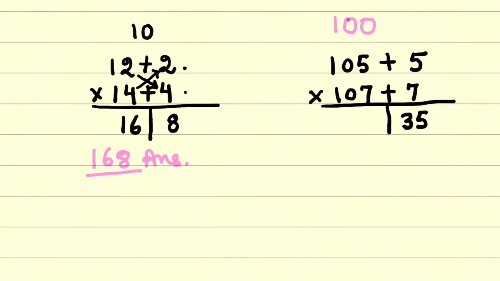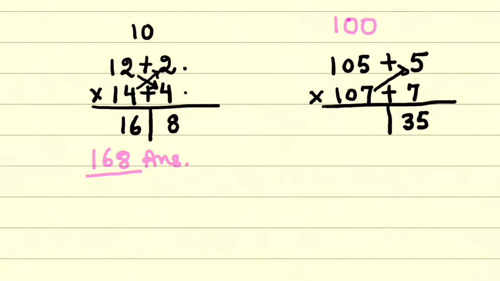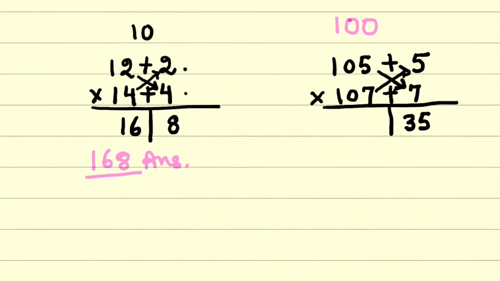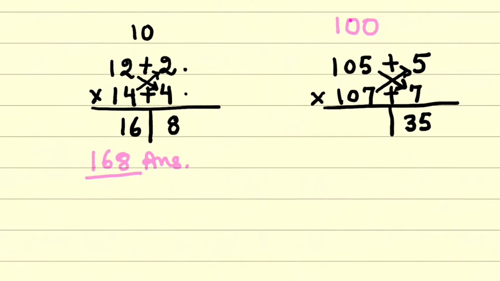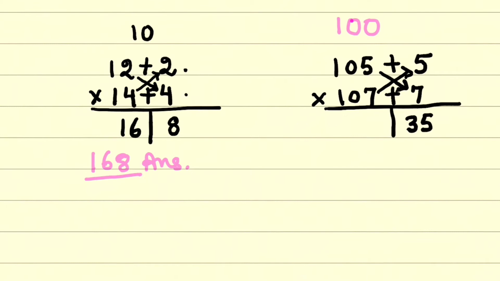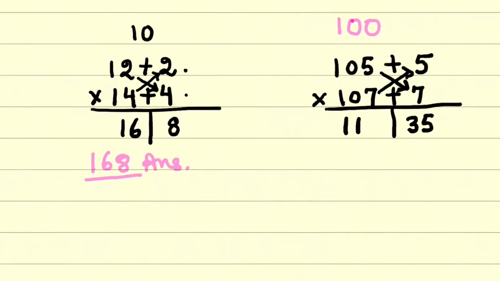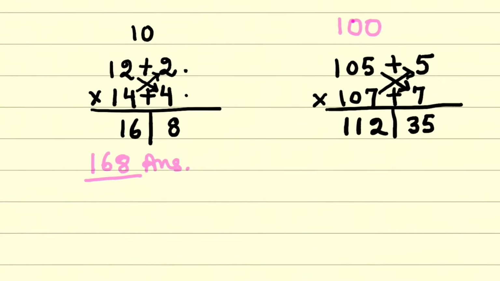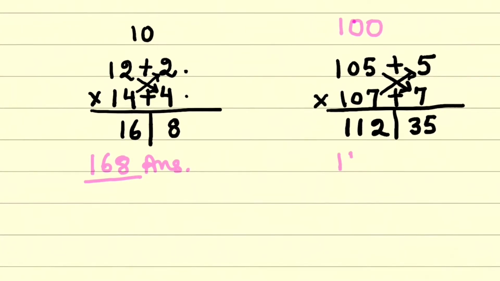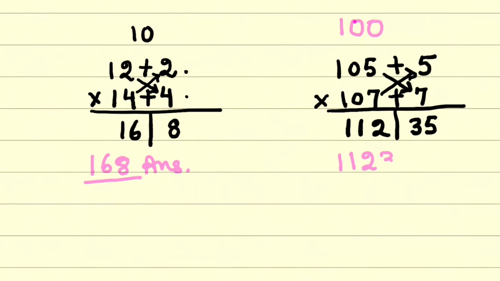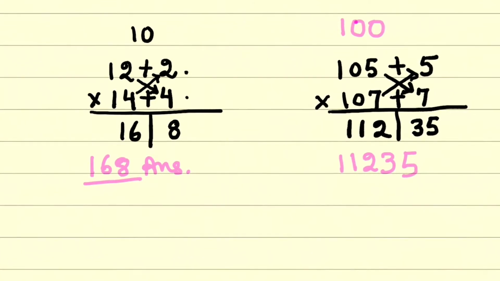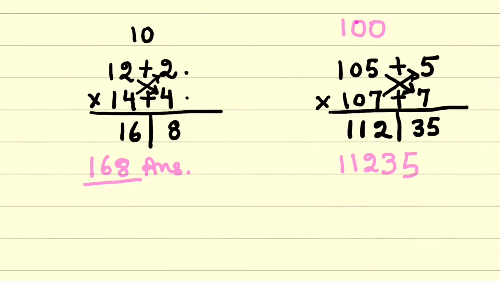And for left hand side, we have to do cross addition. Either add 7 to 105 or you add 5 to 107. It will be the same. And what will it be? It will be 112. And this is our answer. How simple is it? You can do it faster than the calculator.